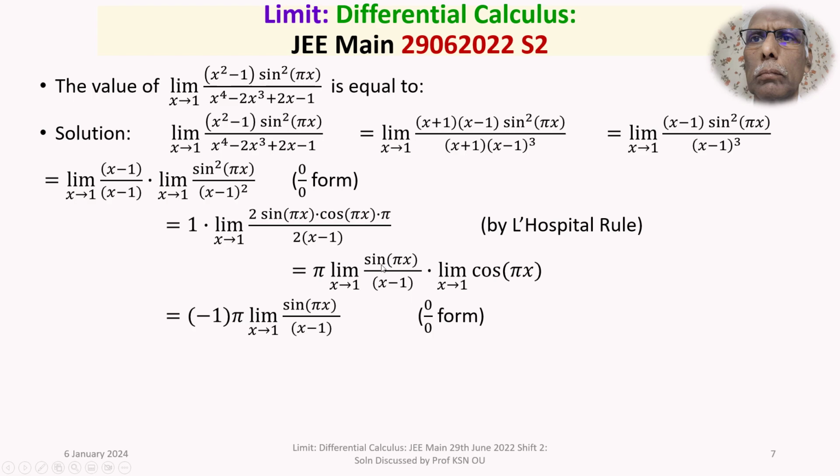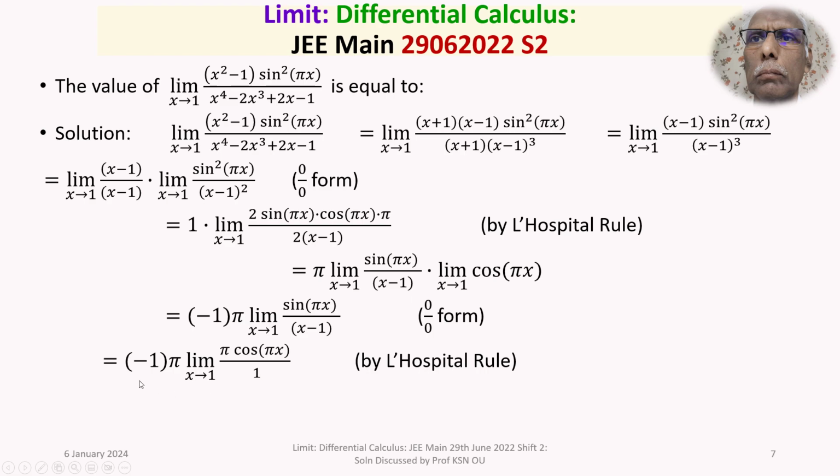We recognize this as a 0 by 0 form. We apply L'Hopital's rule: minus 1 into pi into the limit as x tends to 1 of the derivative of the numerator, pi cos pi x, by 1.